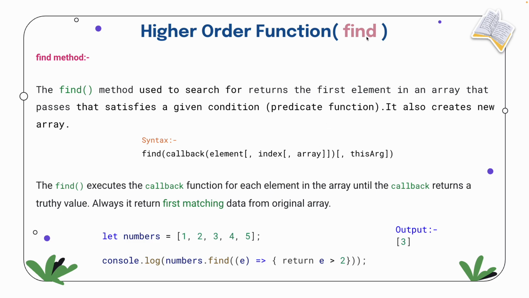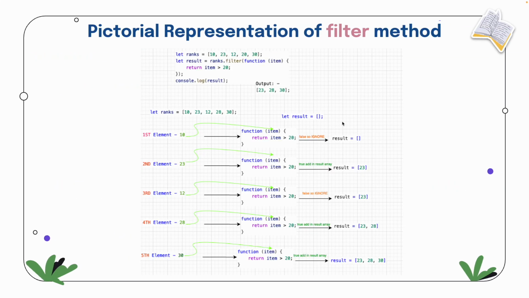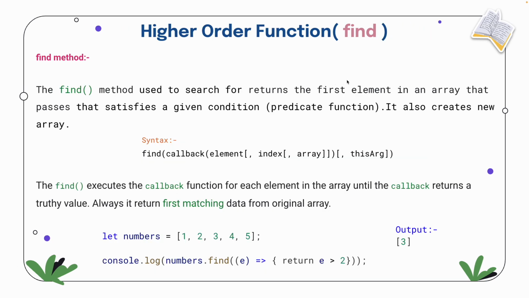You can't do it using indexOf or includes. Find is nothing but getting the first matching element from the array. Filter gets all the elements from the array which satisfy the condition. So multiple elements come in filter, but in find only one element comes, and that too the first matching element.